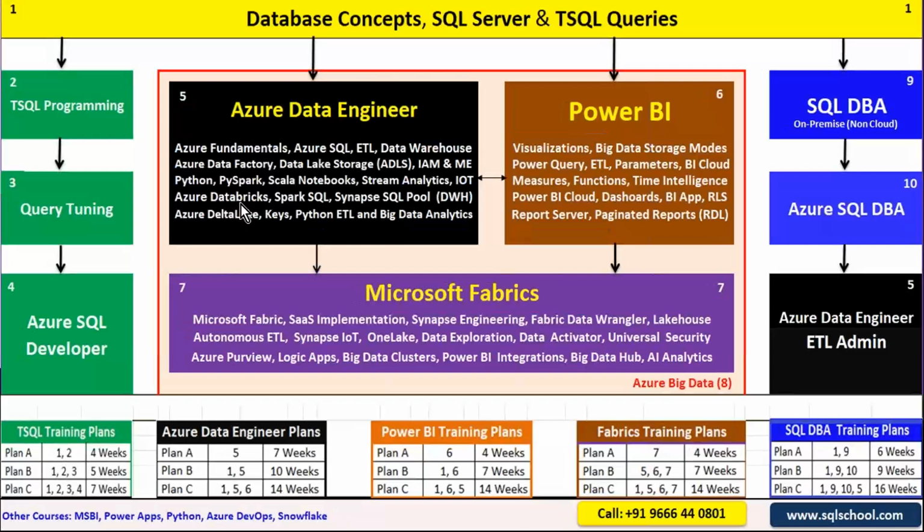Here it is, to make it a bit detailed. In our 7 weeks journey, we need to slowly learn from Azure Fundamentals, Azure SQL, extract, transform, load, ETL, data warehouse, old historical data, Data Factory, storage, IAM, identity and access management, Microsoft Entra, security concepts.